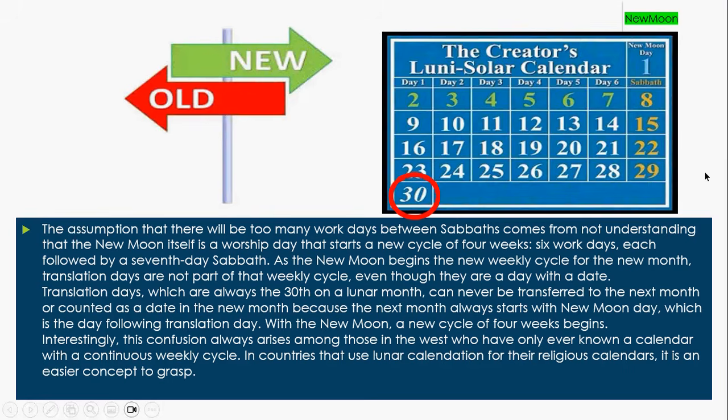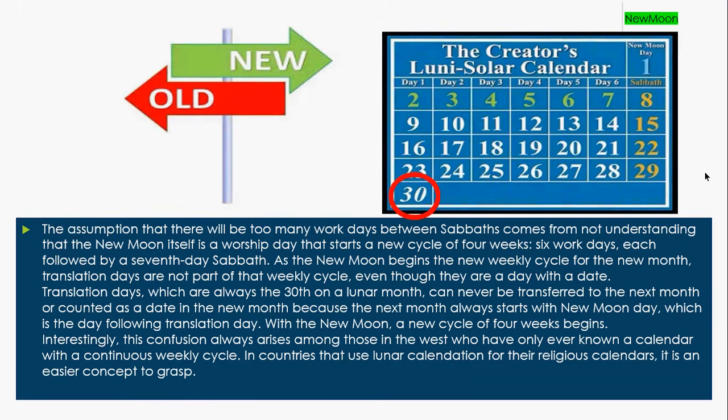The assumption that there will be too many work days between Sabbaths comes from not understanding that the new moon itself is a worship day that starts a new cycle of 4 weeks, 6 work days each, followed by a 7th-day Sabbath.